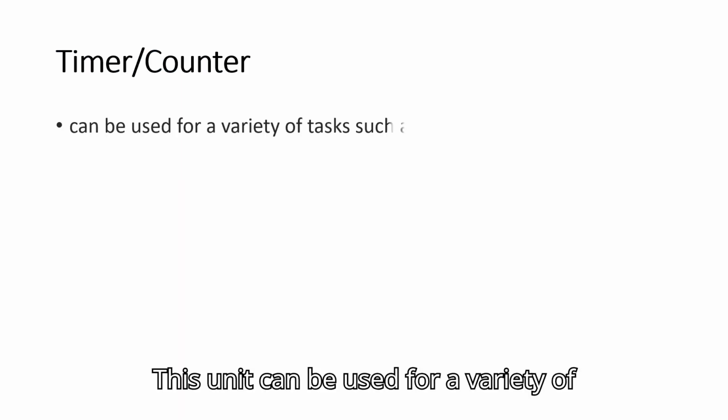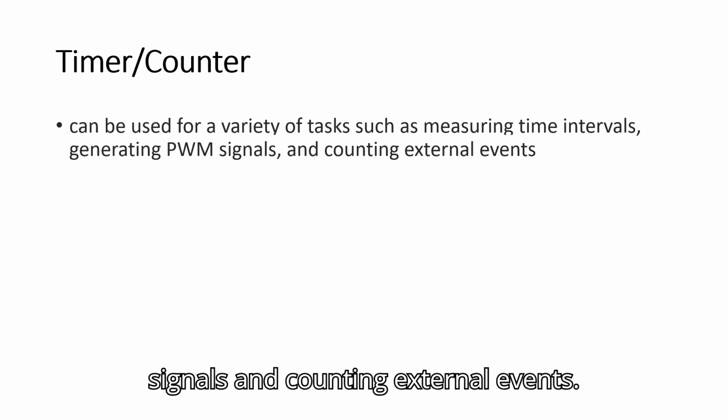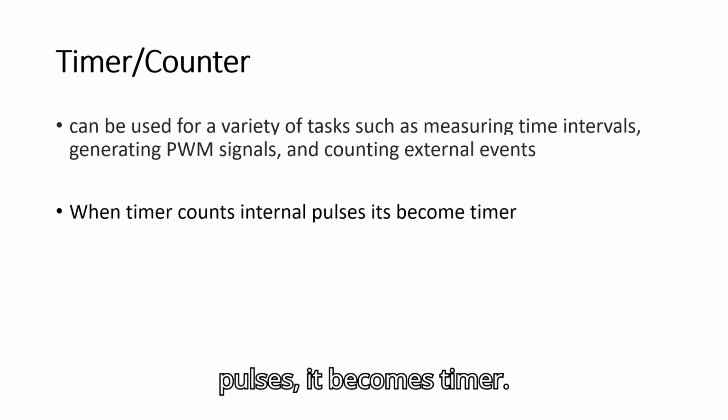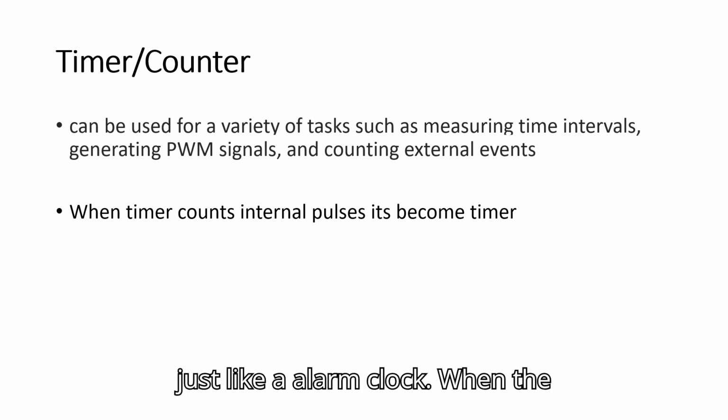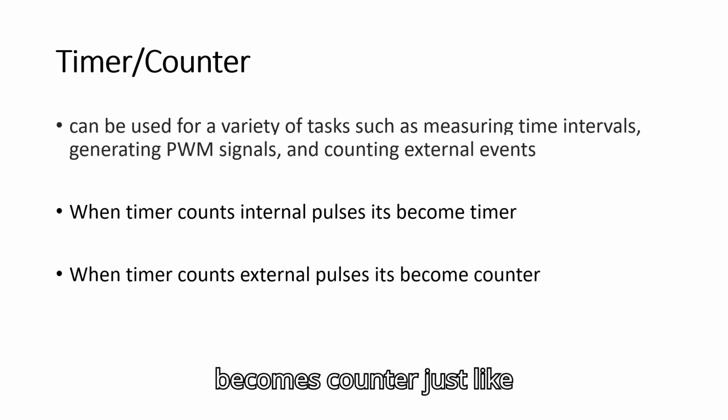This unit can be used for a variety of tasks such as measuring time intervals, generating PWM signals and counting external events. When the timer counts the internal pulses, it becomes timer, just like an alarm clock. When the timer counts the external pulses, it becomes counter, just like the money counting machine.